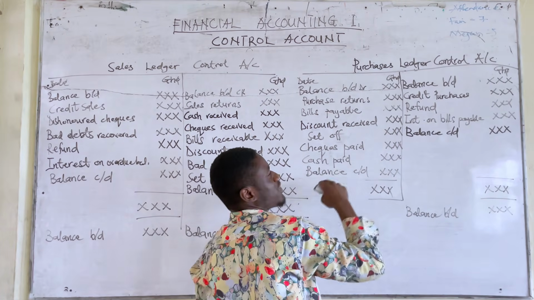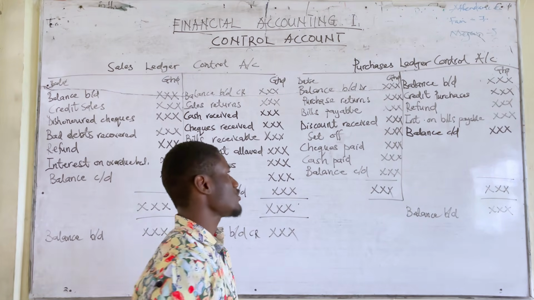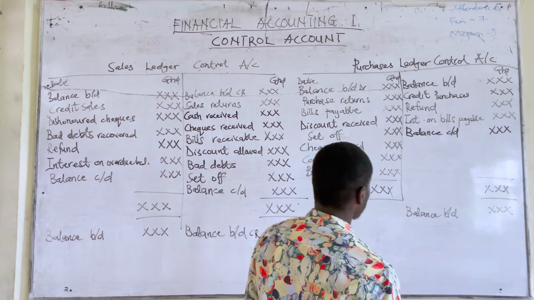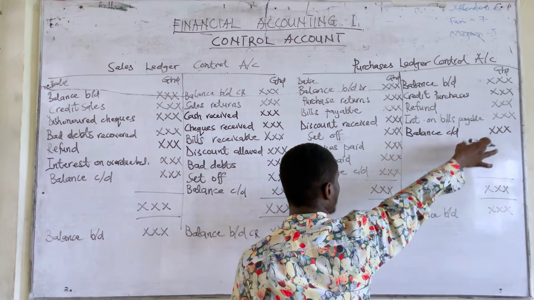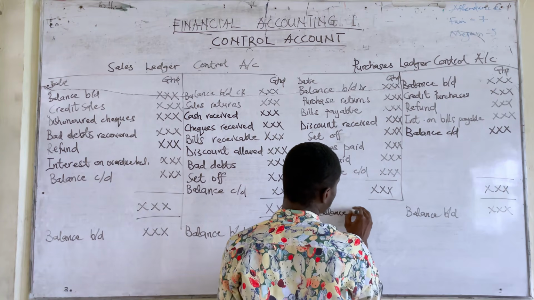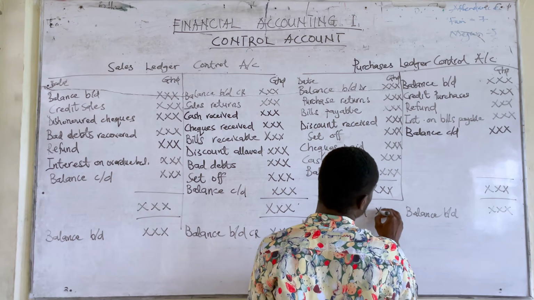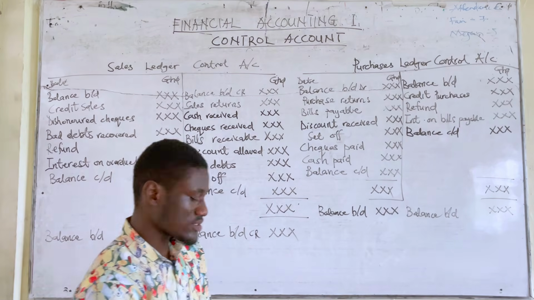You get? So it depends on where the difference will be. That's where you get your balance. So don't be confused. Then when the balance c/d is here, it will be here at balance b/d. Here.